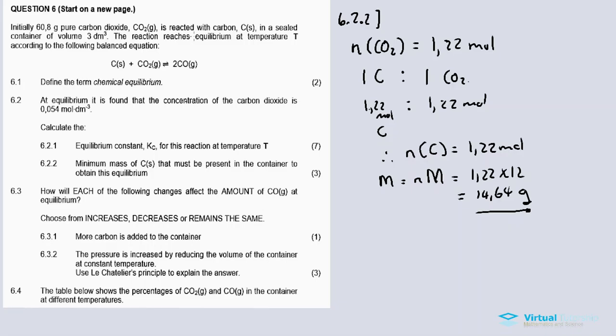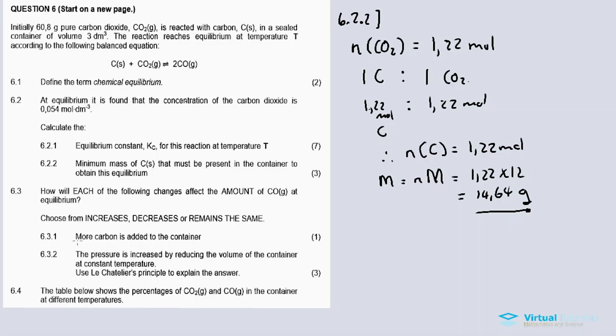Since this is a reaction that has reached a state of chemical equilibrium, if I increase or decrease a reactant or product in solid form, it won't have any effect on the reaction since it doesn't affect our Kc value.